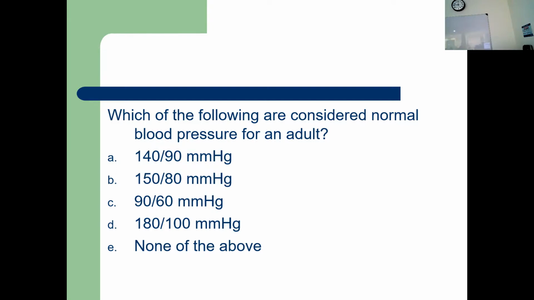And this is for adults. And then hypotension is 90/60.